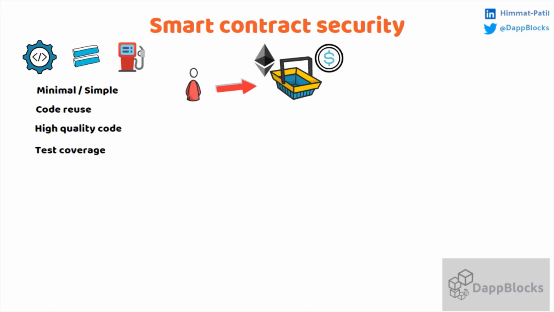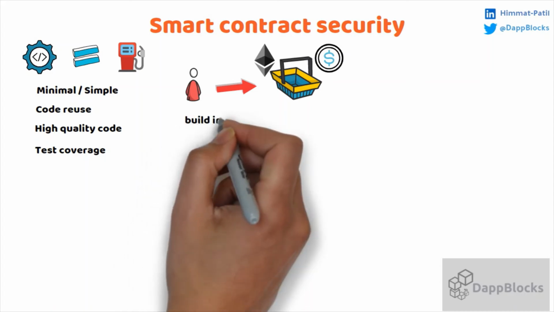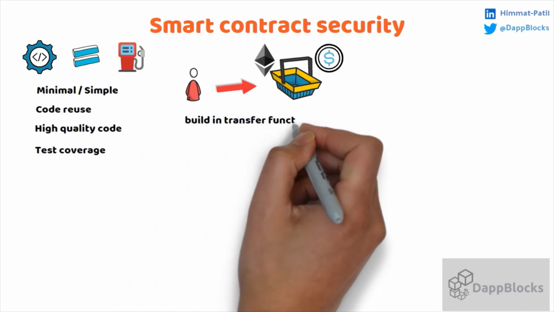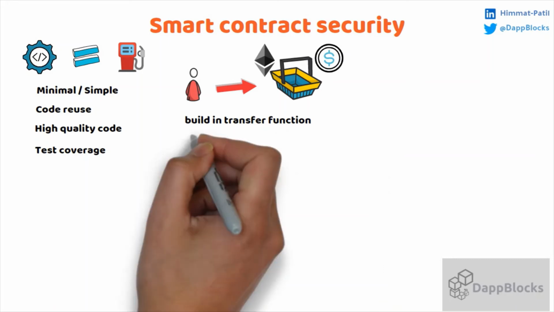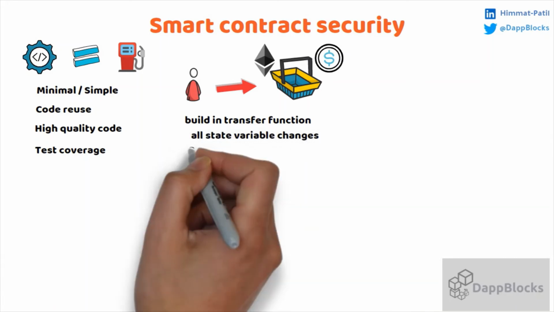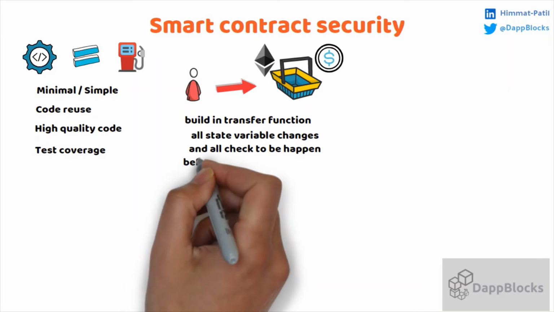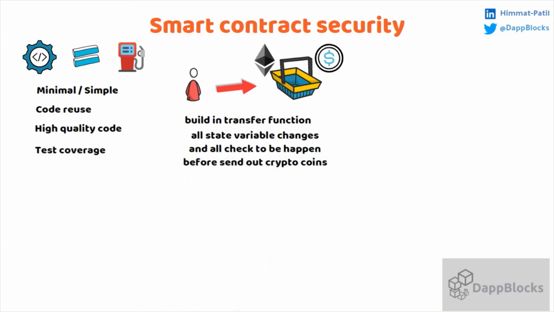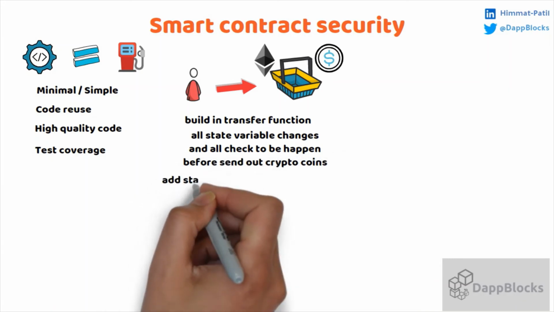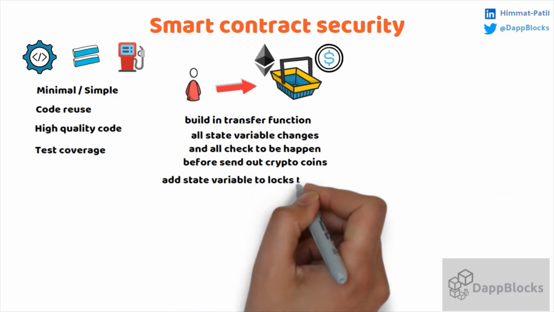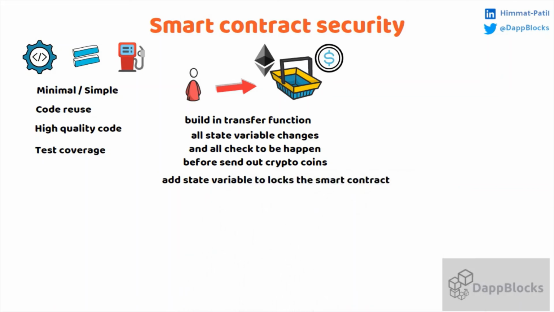So what can we do to prevent such attacks? There are a few points to remember while writing your code. First, use the built-in transfer function when sending crypto coins. Second, ensure all state variable changes and all checks happen before sending out the crypto. Third, which is very important, add a state variable to lock the smart contract during code execution.